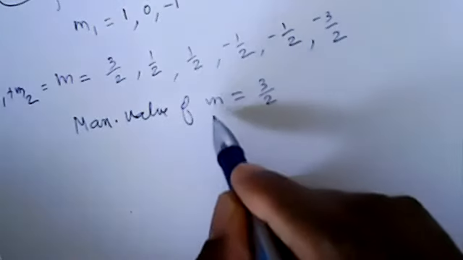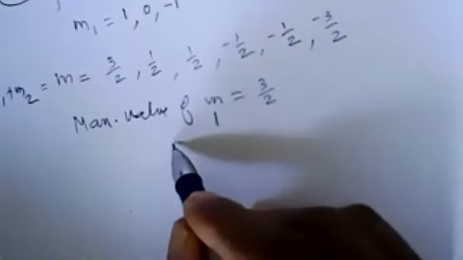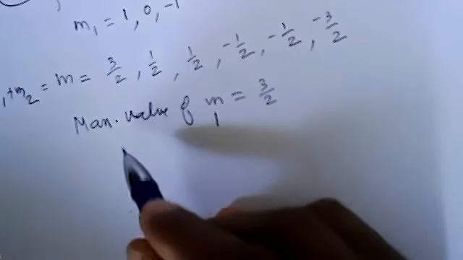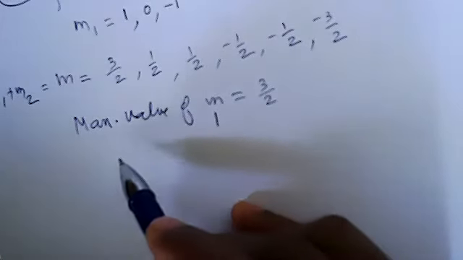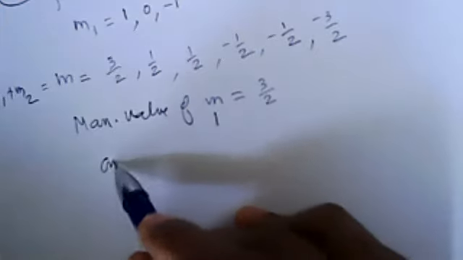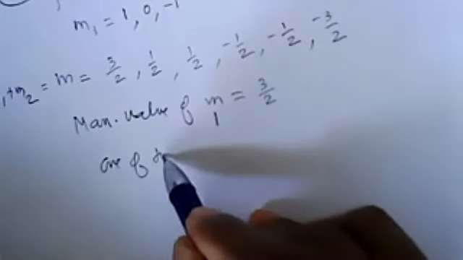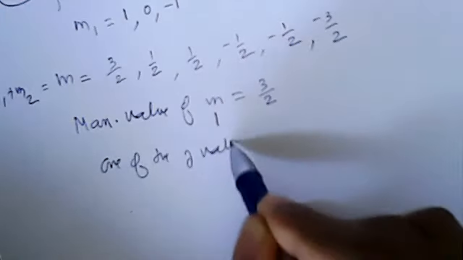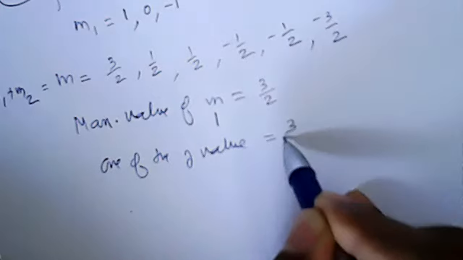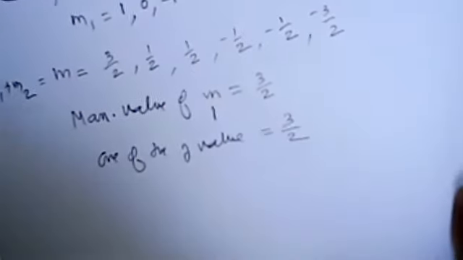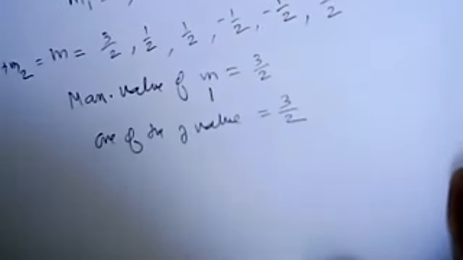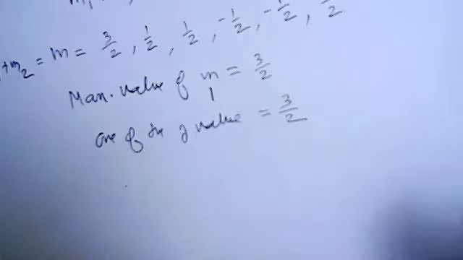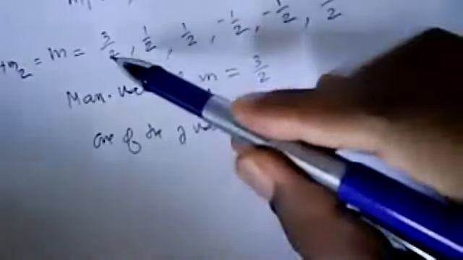Okay. So this M value is the component of J. So one of the J values should be 3/2. Okay, is that clear? From this set of 6 values, the maximum value of M is 3/2.